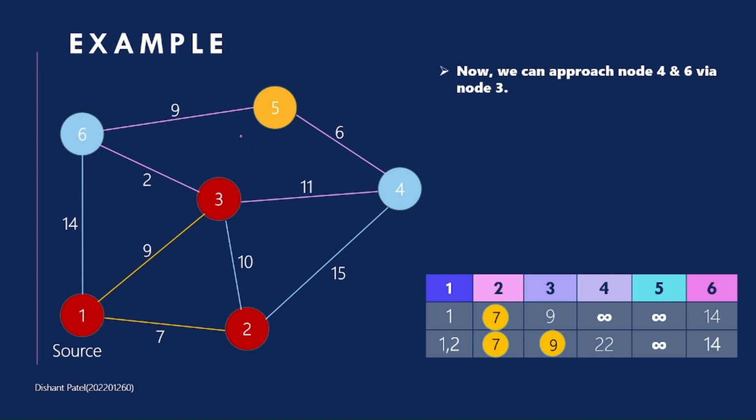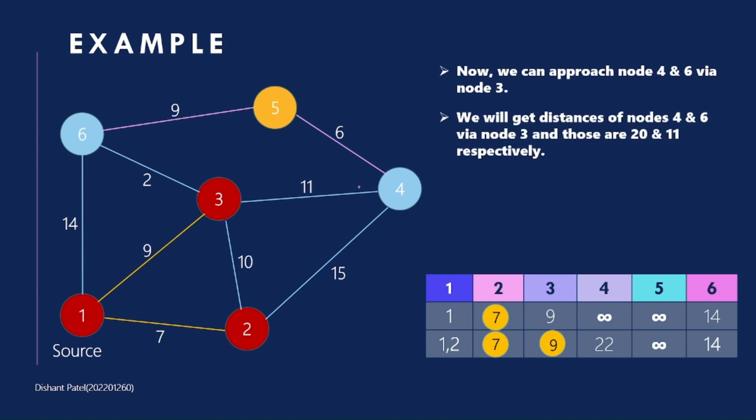Now from the third node we can go to the fourth node or to the sixth node. The distance of the fourth node via this path is 9 plus 11, it is 20. That is less than the previous value, that was 22.